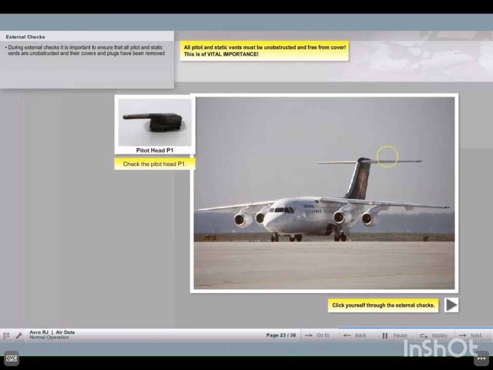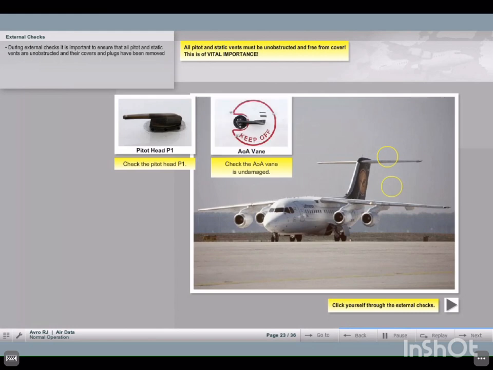Check the pitot head P1. Check AOA vane is undamaged.